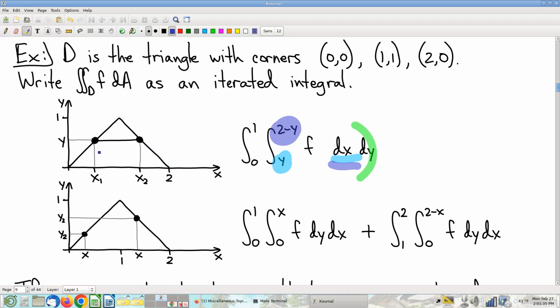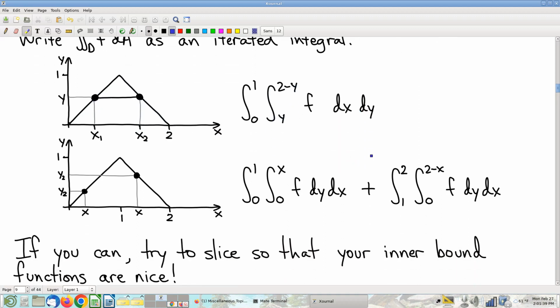However, let's look at what happens when we slice it the other way. And something kind of bad's going to happen here. All right, here we go. Arbitrarily now doing the x slicing first. X, it would seem, goes from 0 to 2. But there's a problem. Because here's the thing.